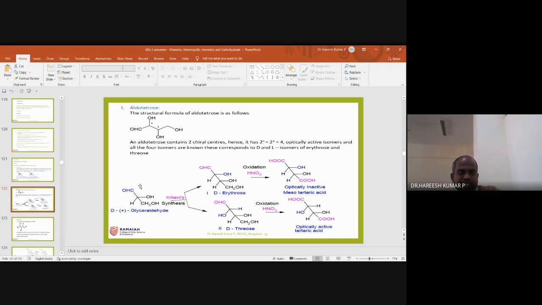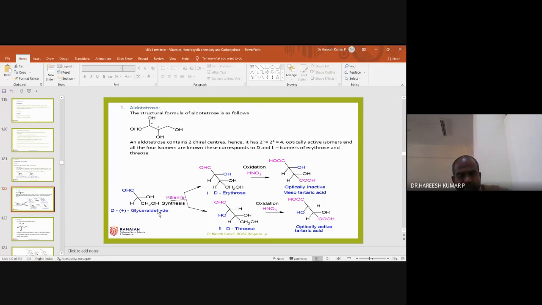When HCN adds to the aldehyde, the aldehyde is converted into an alcohol and a nitrile group. So the Kiliani synthesis involves a multi-step reaction. Here an aldehyde is treated with hydrogen cyanide, and the obtained nitrile is subjected to hydrolysis followed by reduction.